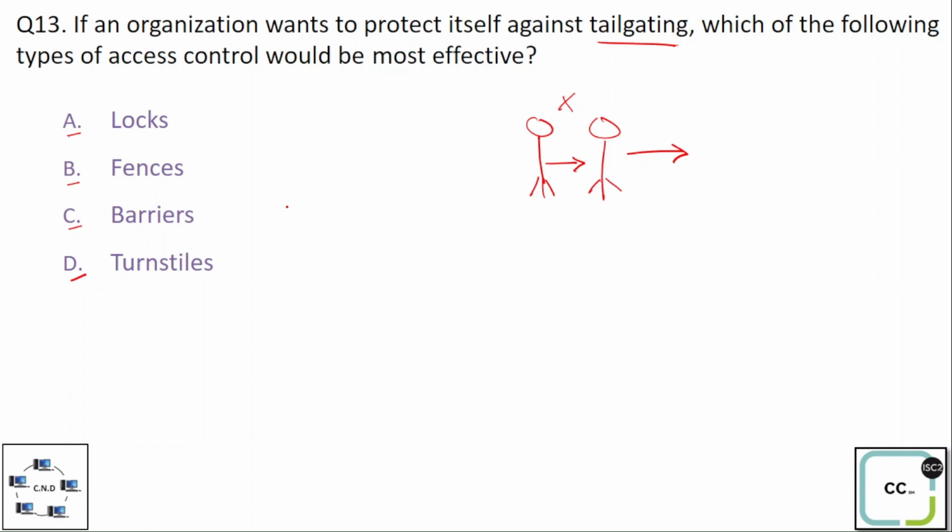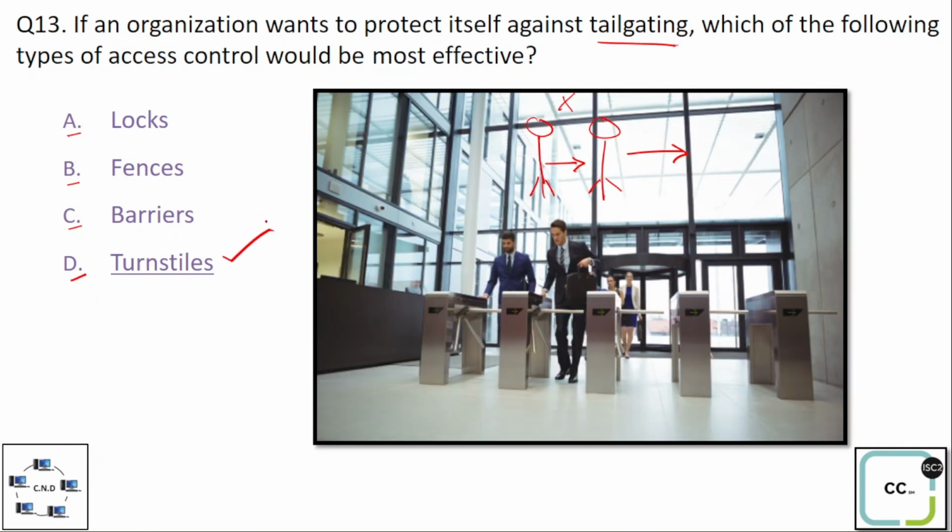And the correct option is option D, turnstiles. So this is how turnstiles work. These are basically the turnstiles. The user must have some form of access mechanism. He or she must have a smart card, or if biometric authentication is used on the turnstile, he or she must authenticate to enter this facility through these turnstiles.